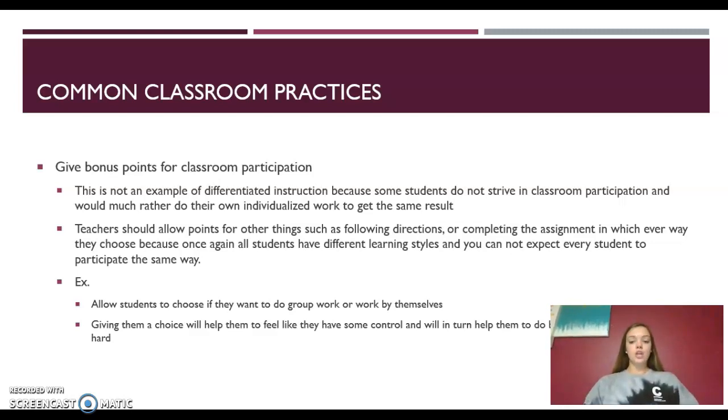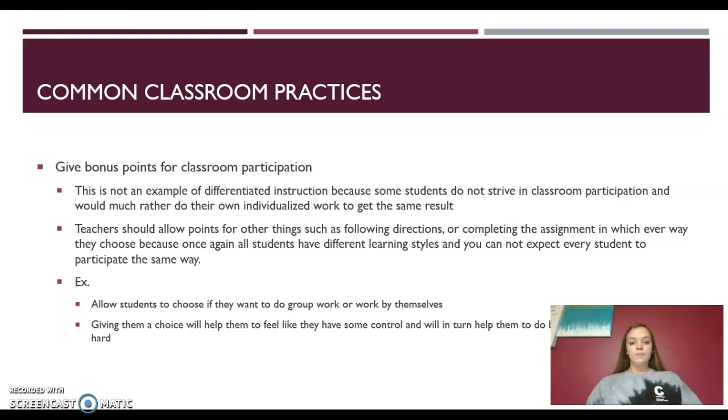Well, not exactly, because a lot of students don't thrive in classroom participation, and they would much rather do their own individualized work, but they would still get the same result and they would still be working really hard just by themselves. So teachers should allow points for other things, such as following the directions or completing your assignments in whichever way suits them best, because everyone has a different learning style and we can't expect every student to participate in the same way.